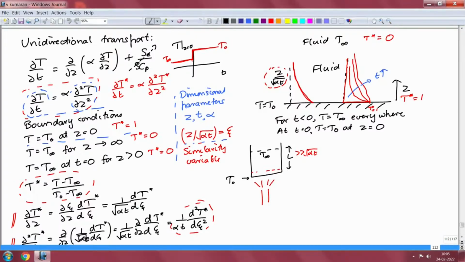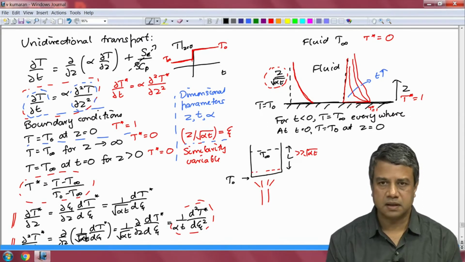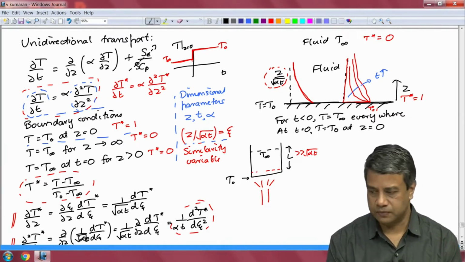In the last lecture, we were examining unsteady unidirectional transport in an infinite medium in a Cartesian coordinate system. So, the configuration was a surface at z is equal to 0, which is a boundary for an infinite fluid in the half space z greater than 0.